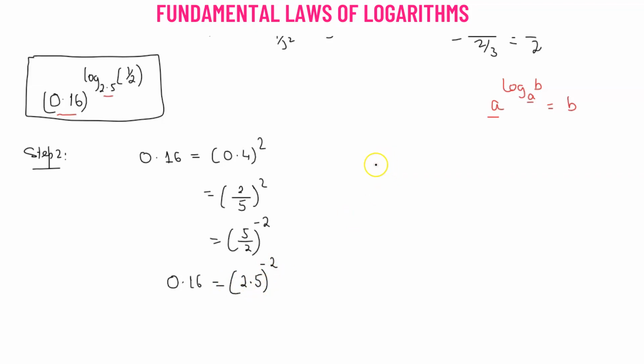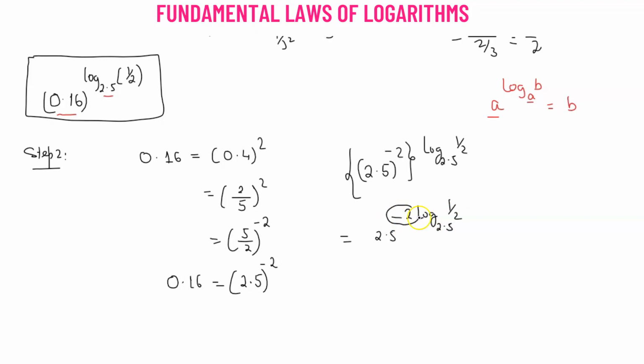That means our expression now becomes 2.5 raised to the power of -2, and this whole thing is raised to the power of log of 1/2 with base 2.5. That means we have 2.5 raised to the power of, since the exponents get multiplied, -2 multiplied by log of 1/2 with a base of 2.5.